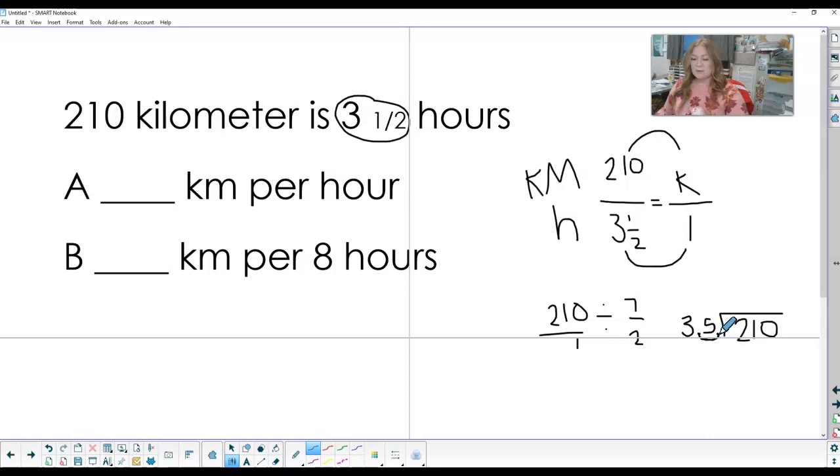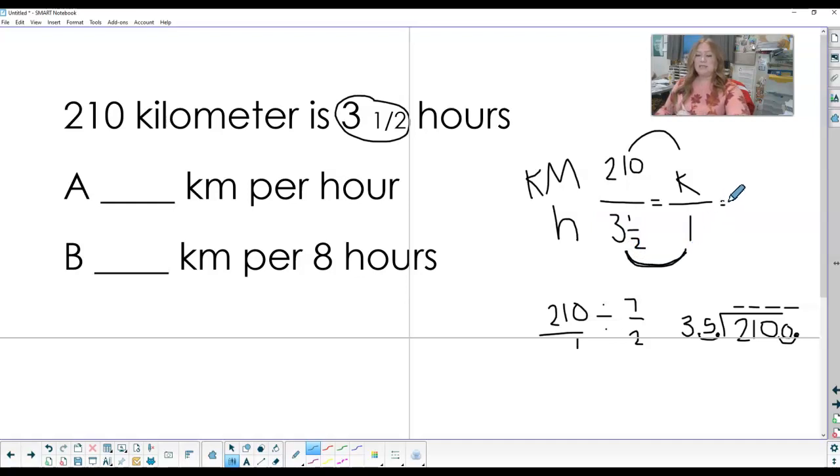We have to move our decimal to the back, so we have to match that and move it here. So it's really 2,100 divided by 35. You need something above the 2, the 1, the 0, and the 0. So either way, you can do it fraction or decimal to get A, how much they go in 1 hour. We have to divide by 3.5.